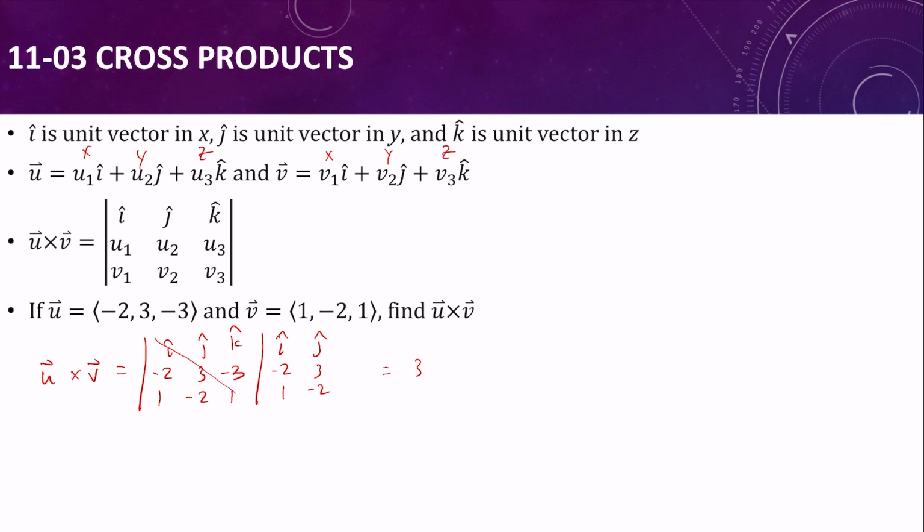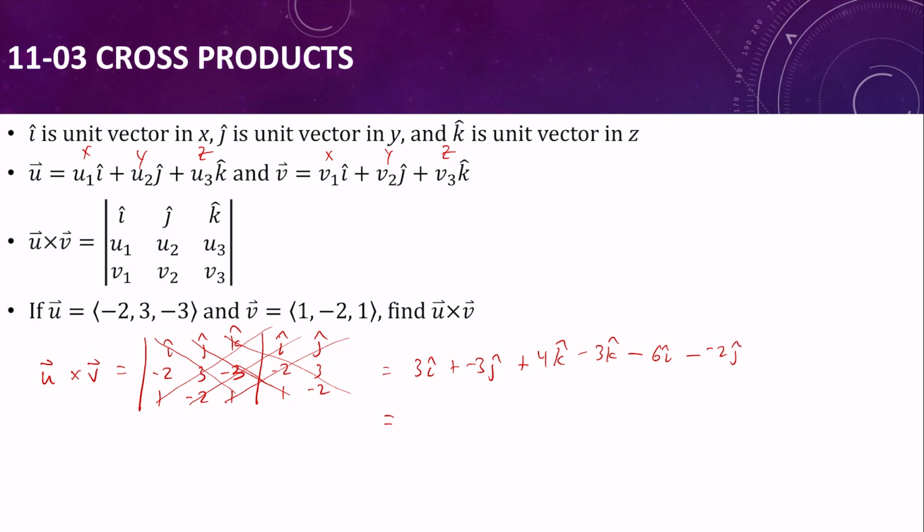So I have 3i plus a negative 3j plus 4k minus, because they're going up, 3k minus 6i minus negative 2j.